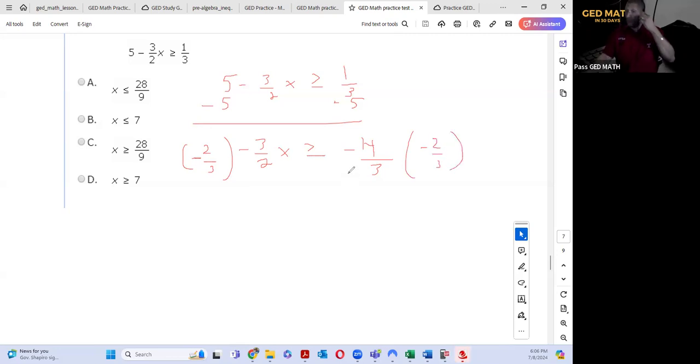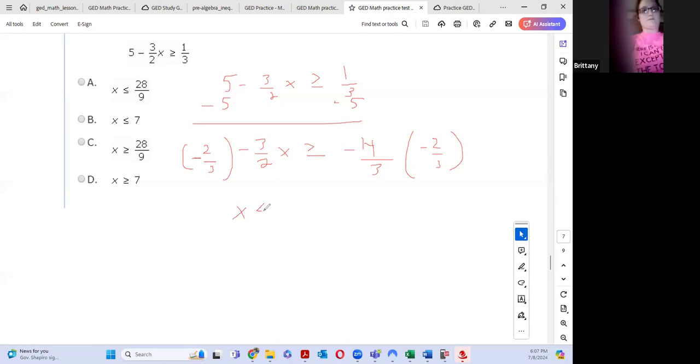Brittany, this is where you had some questions, right? So first of all, since we multiply by negative 2/3, or we multiply by negative 2 and then divide by 3, since we're multiplying by a negative, we change the what? The inequality sign.